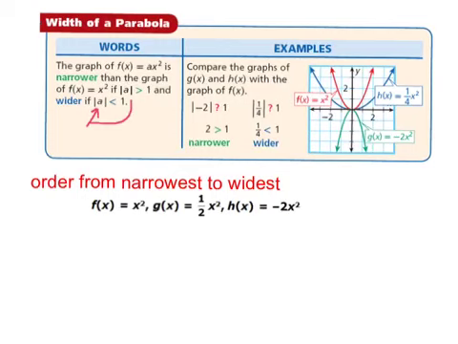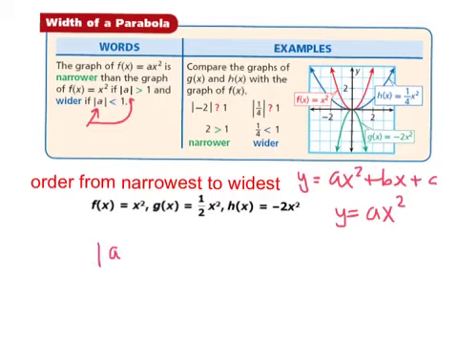So in both of these equations, remember we have ax squared plus bx plus c. And remember our parent is just y equals ax squared, where normally a is 1. But if we modify this at all, if the absolute value of a is greater than 1, that means our graph is going to become more narrow.